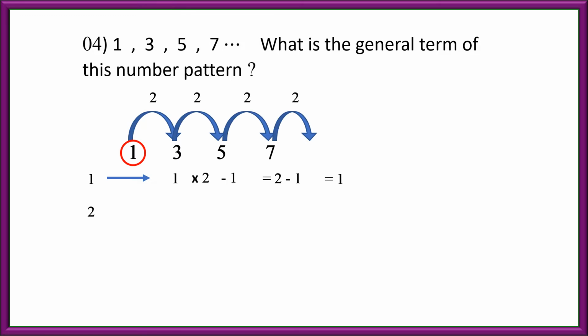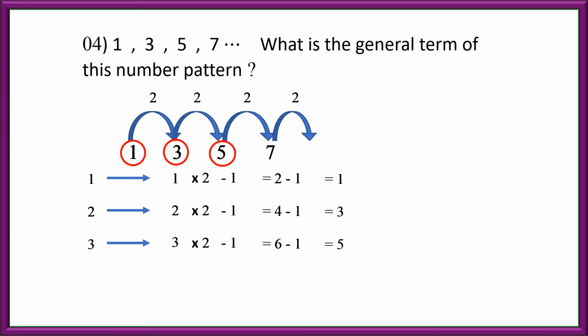After that, let's move to the second term. We can take 2 times 2 minus 1. Then it is 3. Third term, 2 times 3 minus 1. That is 5.